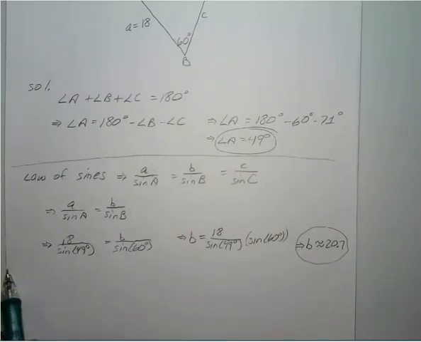Okay, so now we can solve for side C. Now remember, you can't just use the Pythagorean theorem because this isn't a right triangle.